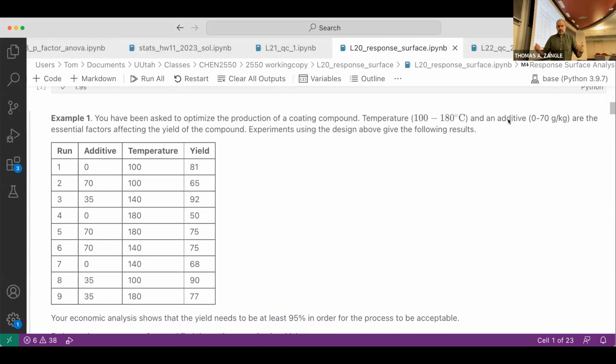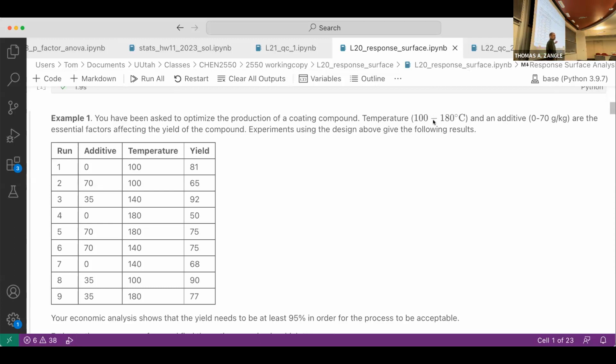And we suspect, maybe based on previous results, literature on this, or intuition from having done this before, that the relevant range of temperature is between 100 and 180 degrees C, and the relevant range of additive is from 0, we don't add any, all the way up to 70 grams of additive per kilogram of the mix. And so we have those two factors.